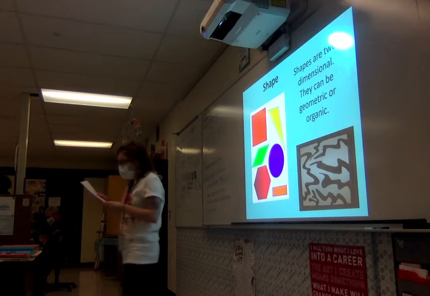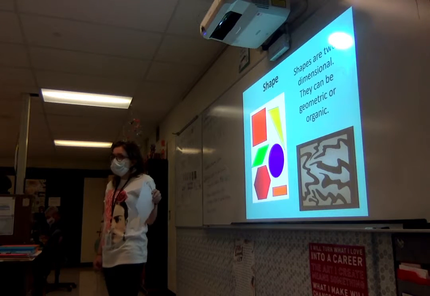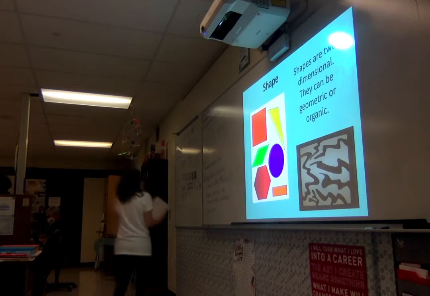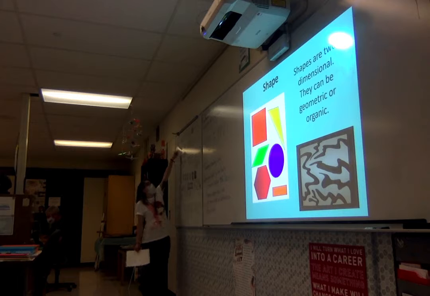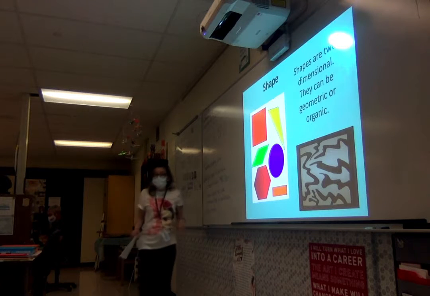So on our paper, it says shape is a closed line. They are flat and express length and width. So the difference between a shape and a line is that a shape has a start and an end. A line keeps going forever. So for geometric shapes, like you said, that's everything you would have in geometry.